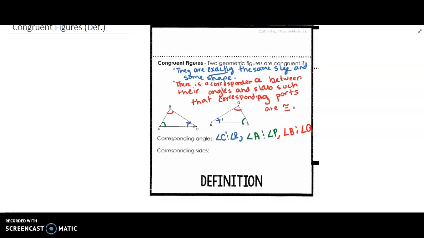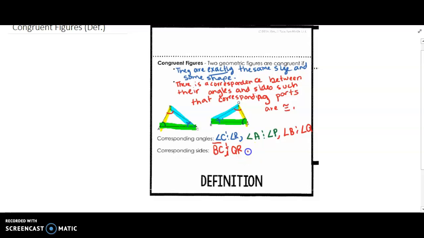All right, now when I talk about corresponding sides, I'm going to go ahead and just highlight. Those are corresponding: the short one and this short one, and then this one and this one. I'm going to do blue first, so segment BC and QR are corresponding.